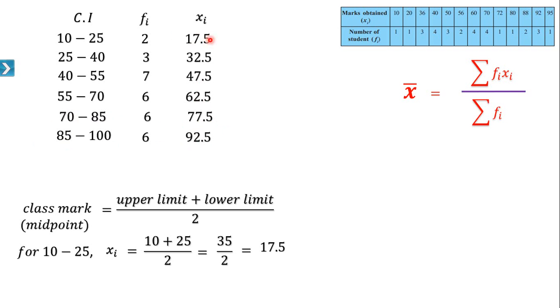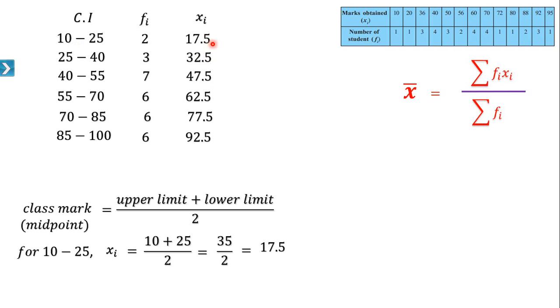Observe here, if you find the first xi, then the difference between two consecutive xi's is 15, because here the class size is 15.